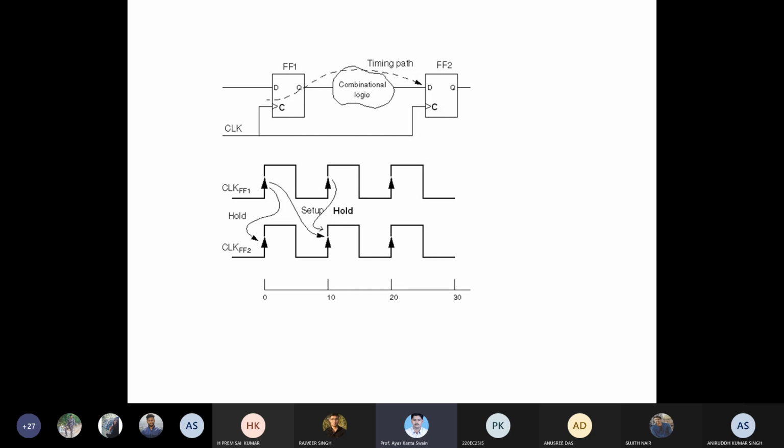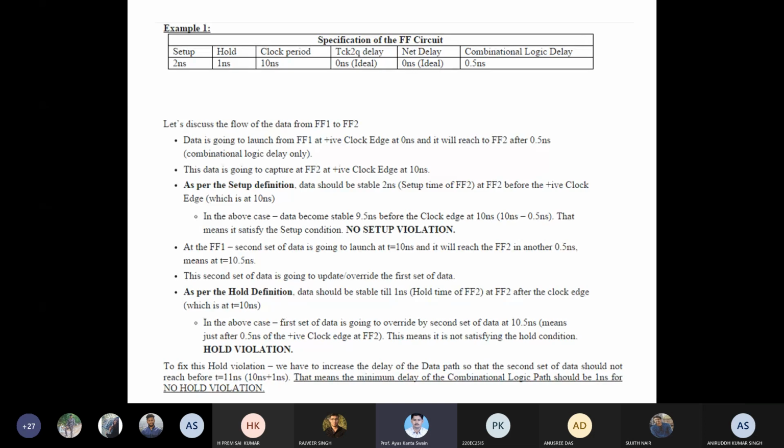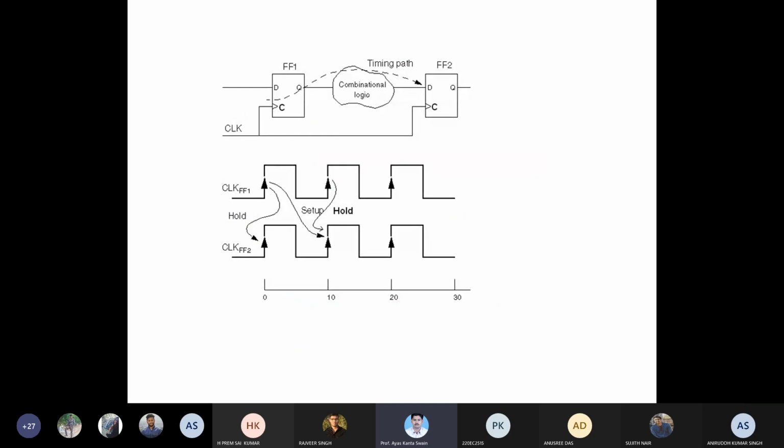For those examples our basic circuit is the same. We assume that in your generalized circuit, any complex circuit, the timing path will be like this: there will be a combinational path between two flip-flops.